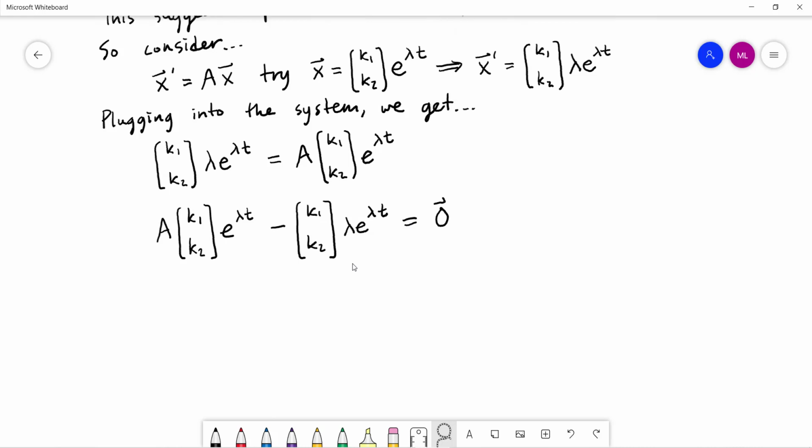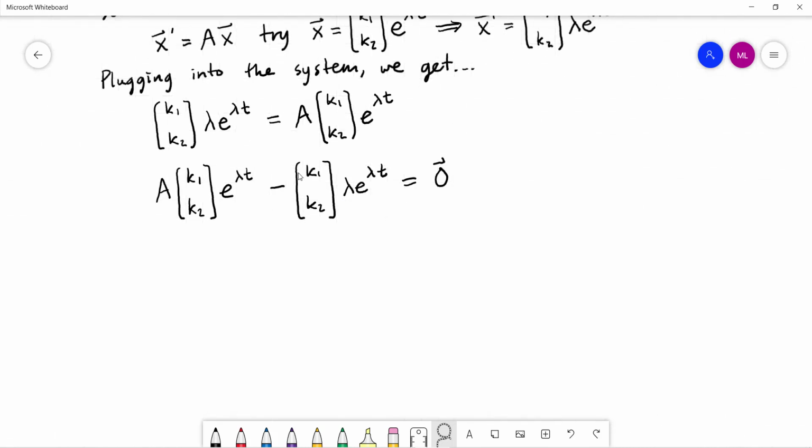So here's what we've got. The next thing I'm going to do is factor out the k term and the e to the lambda t. So let's factor out basically the x part. So factor out the k1, k2, e to the lambda t. That shows up in both terms.